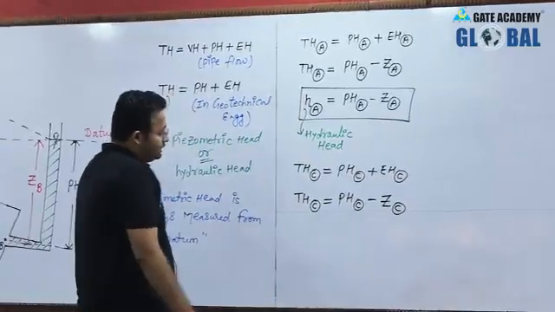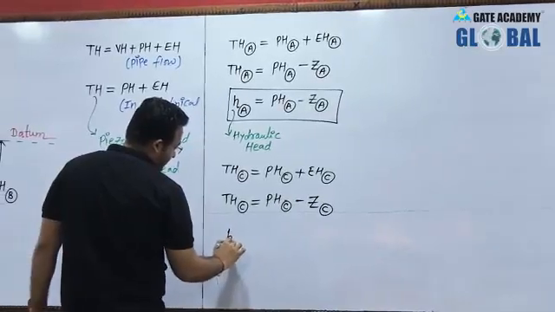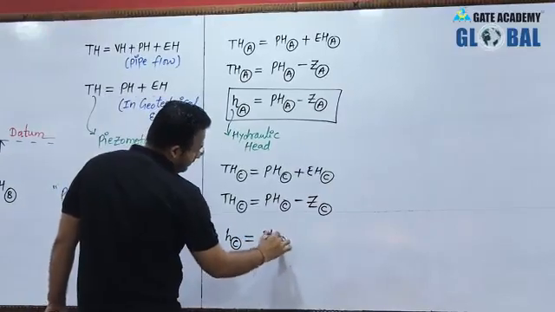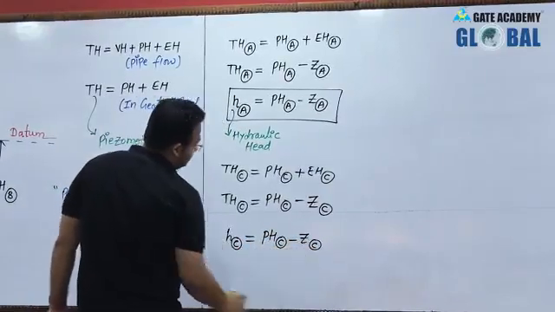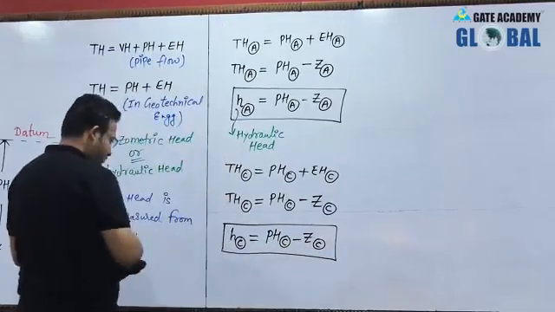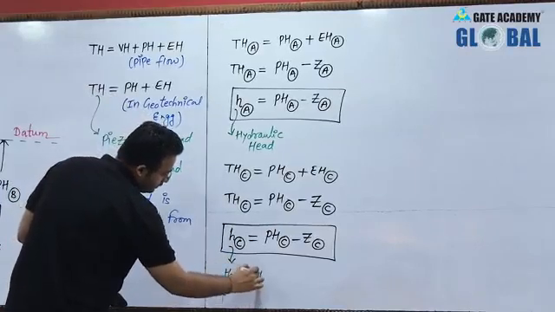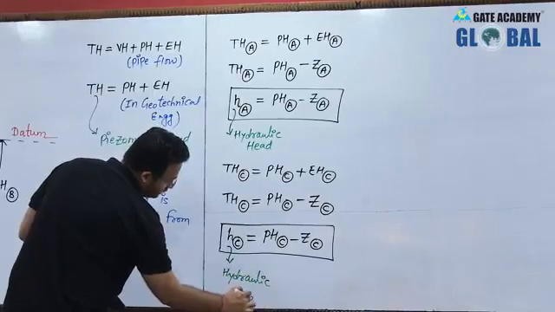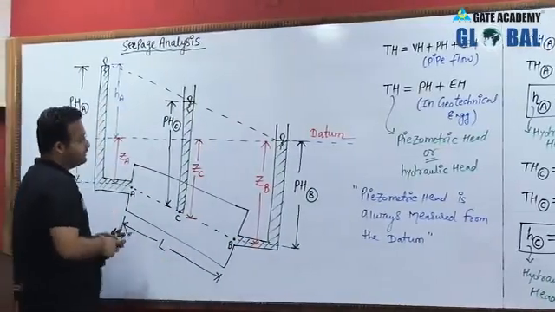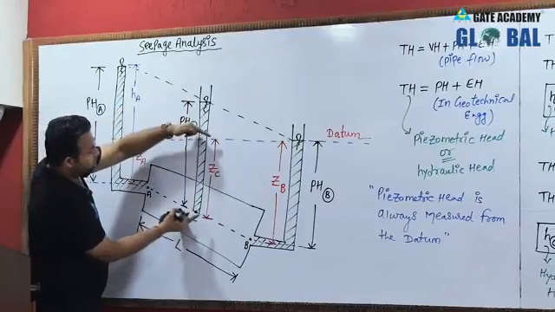Clear? So this total head can be denoted as the hydraulic head, small hc, and it will be equal to pressure head at C minus elevation head at C. This is also known as the piezometric head at C. The pressure head at C is a positive value, and below the datum ZC is negative.